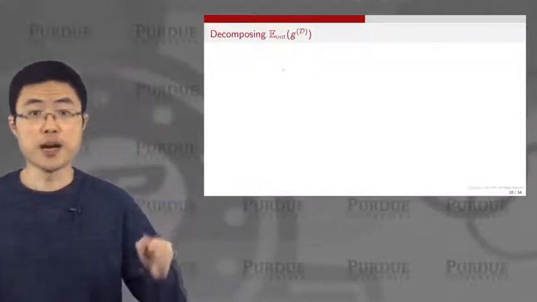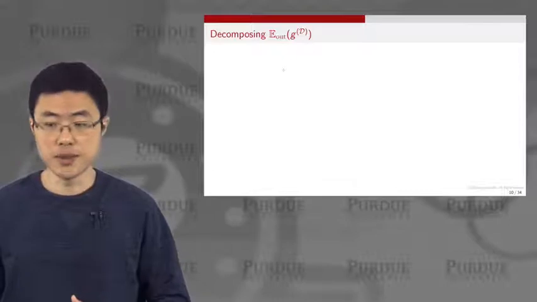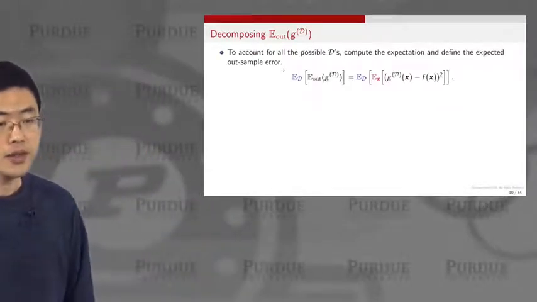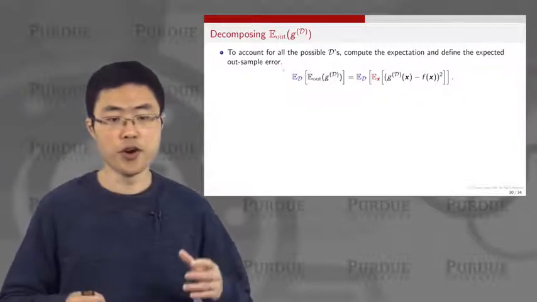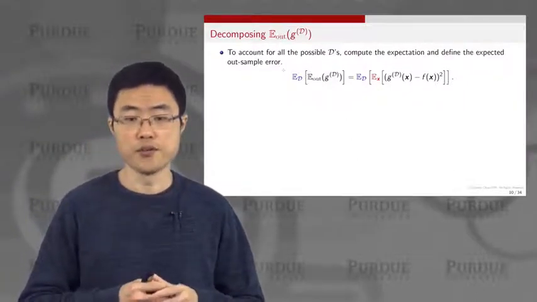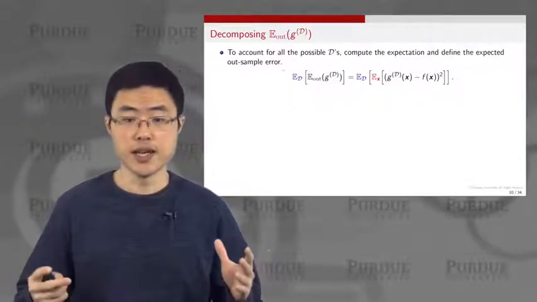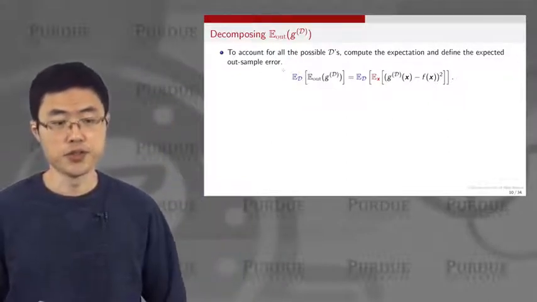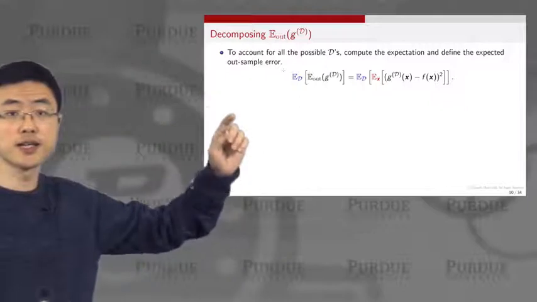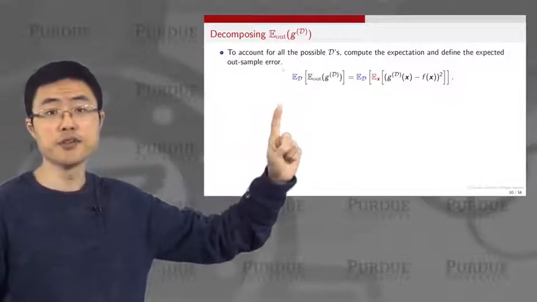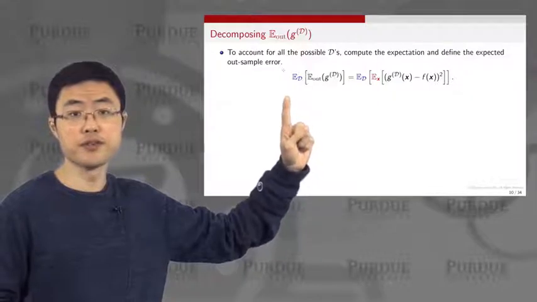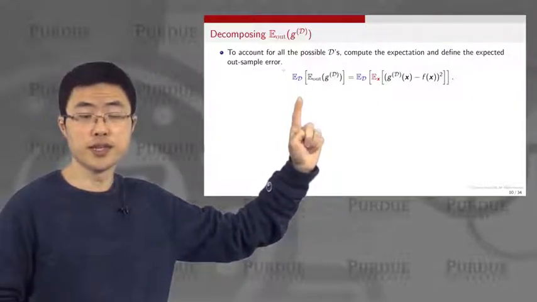So we can now decompose our out-of-sample error in terms of the following equations. To account for all the possible Ds, we can compute the expectation and define the expectation of the out-of-sample errors. So in this equation, you can see that we have the expectation of the out-of-sample error, which is the expectation taken over all the training sets.